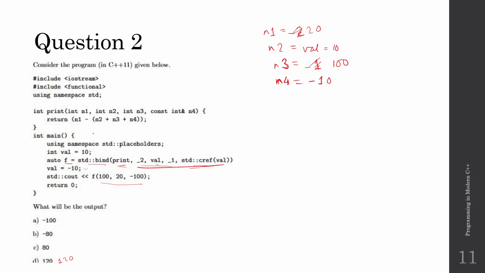Then we can calculate the result based on this formula, which will be 20 minus 10 plus 100 minus 10. So the answer is minus 80. So therefore the answer is B. So that is the answer of this question.